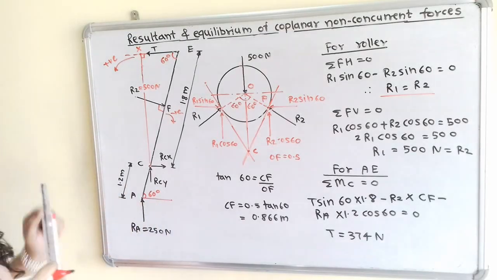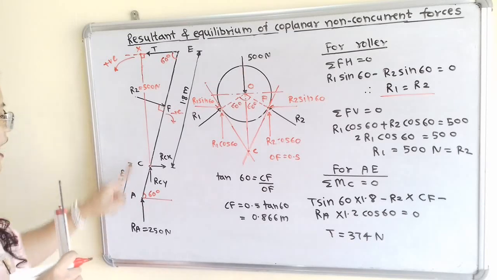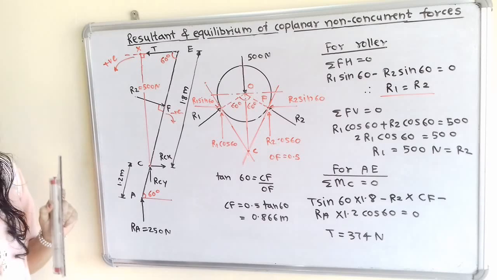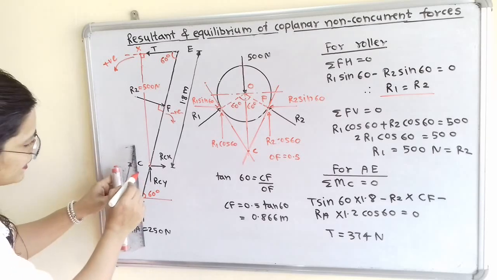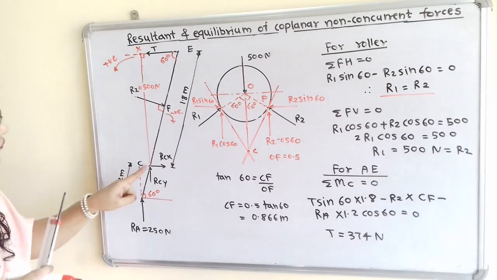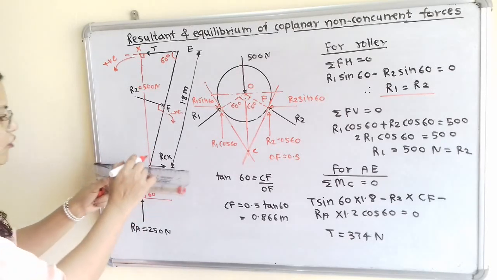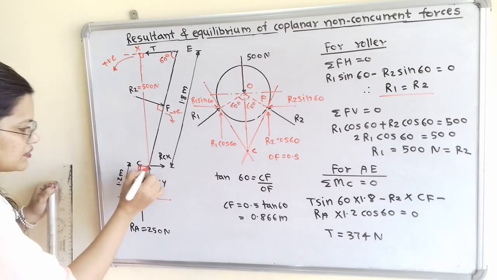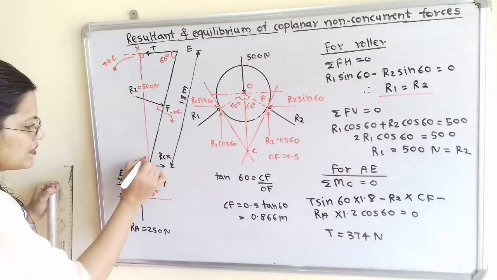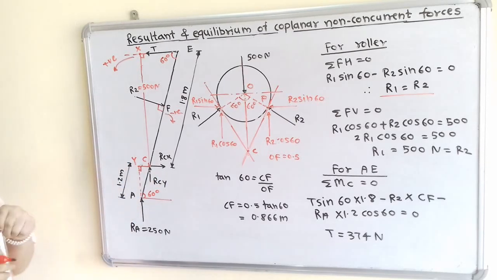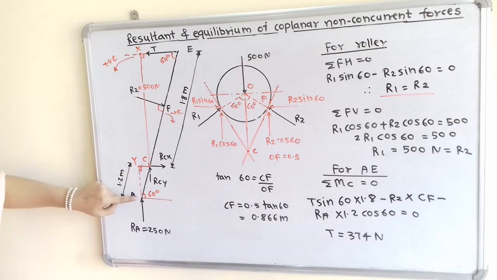Next is RA. For this RA also we have to find out the moment. We know this line of action of RA, I will show here in the form of a dotted line. Now from point C we have to find out the perpendicular distance. So here is this perpendicular distance. Suppose this point is point C and the point of intersection I will call Y, then here is the triangle AYC.